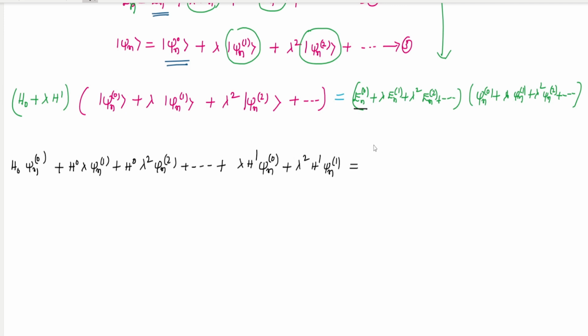So E n power 0 psi n power 0 plus E n power 0 lambda psi n power 1 plus E n power 0 lambda square psi n power 2, plus and so on, plus this term up to second order.